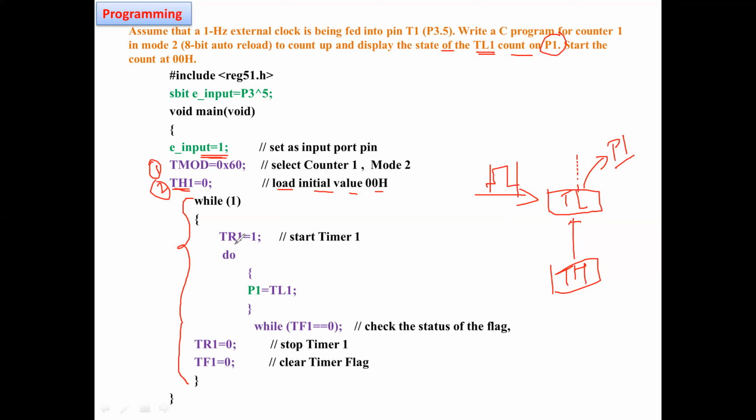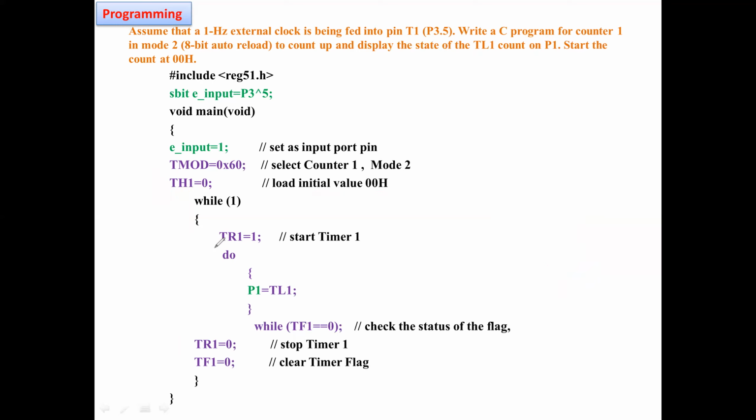Now I'm going to start my timer. Before that, I need to start it with TR1, because we are using counter 1. Continuously I'm going to put my value into port 1, so I keep a while loop. Inside my while loop, I will place TR1 equal to 1.